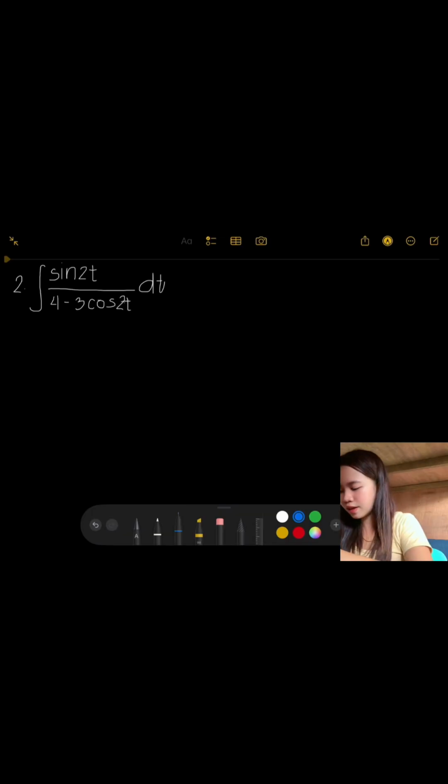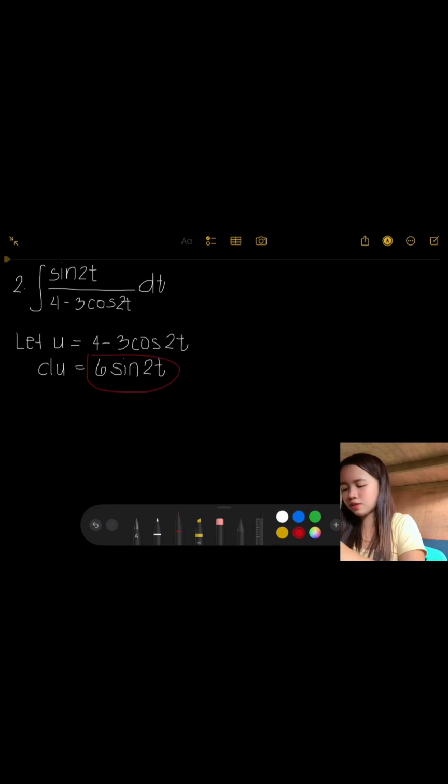In this case, the derivative of cos 2t is negative sine 2t, so it's perfect for logarithmic integration. Let u equal 4 minus 3 cos 2t. Our du will be 6 sine 2t.